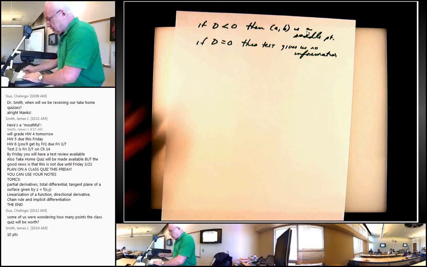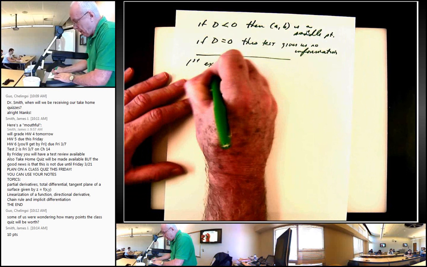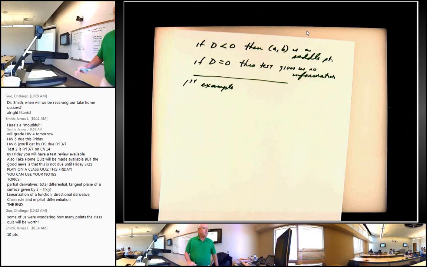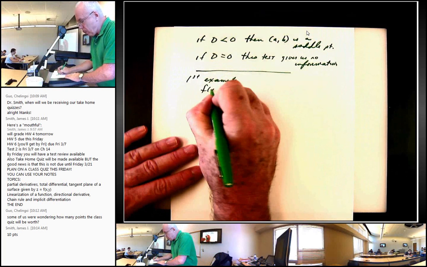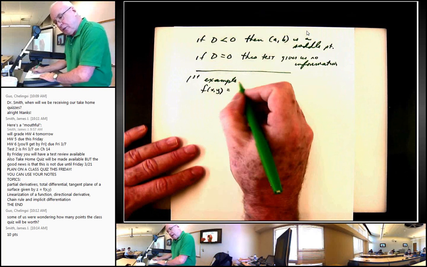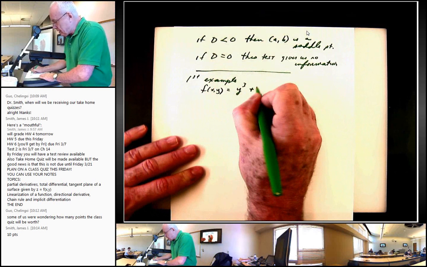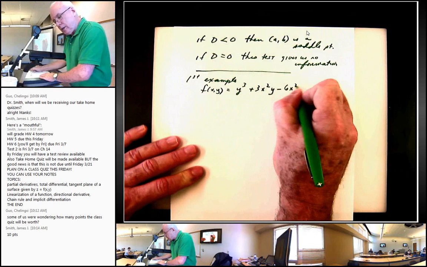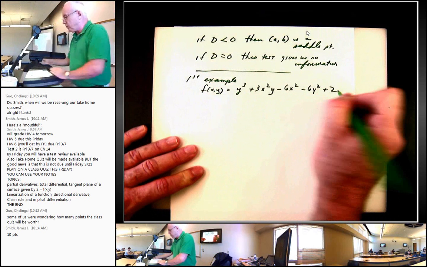So let's look at this first example. We're given our function f(x, y), and it's got a lot of terms in it. Here it is: y to the third plus 3x squared y minus 6x squared minus 6y squared plus 2. All right, there it is.